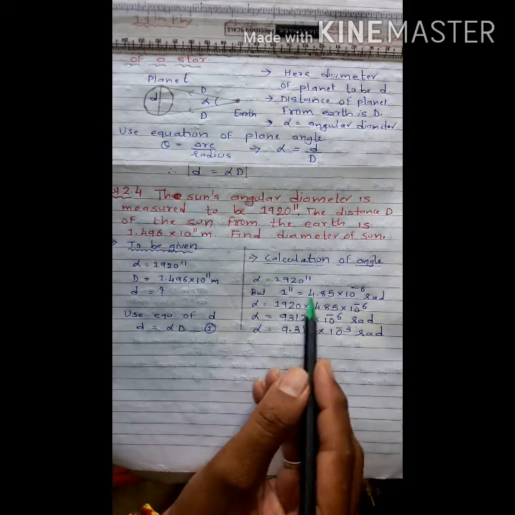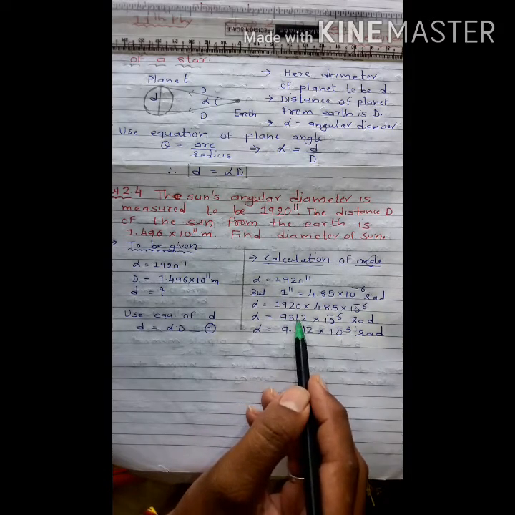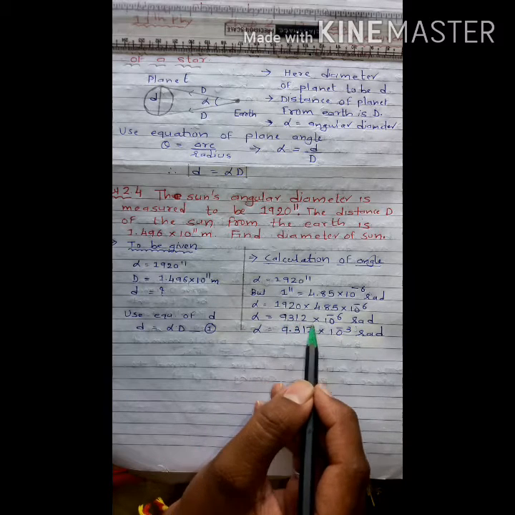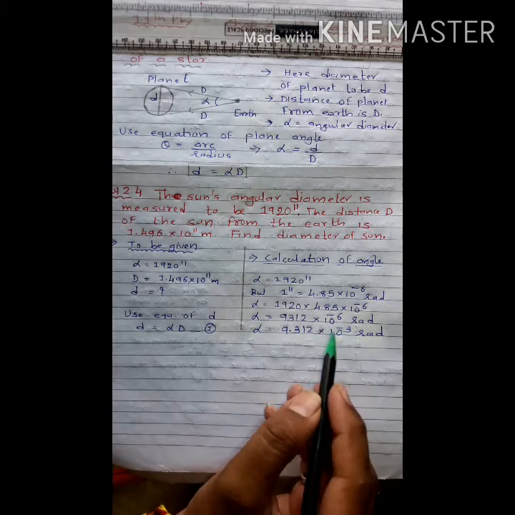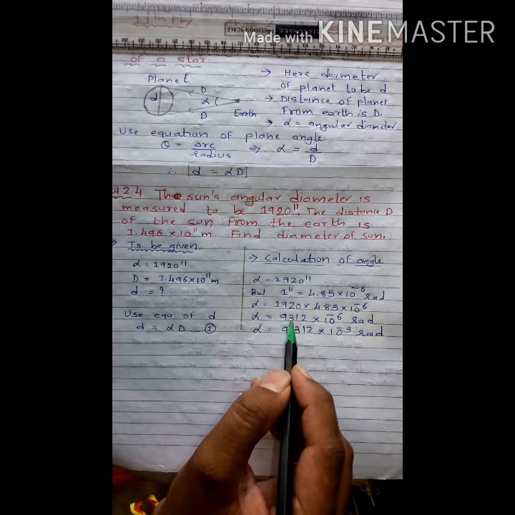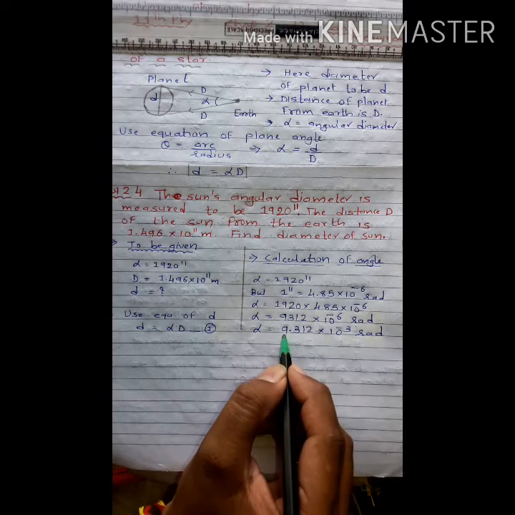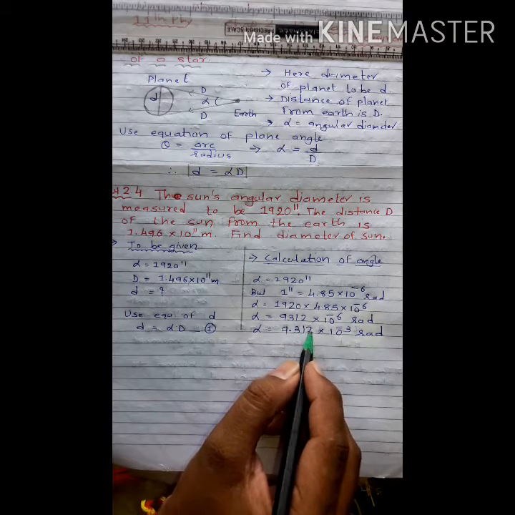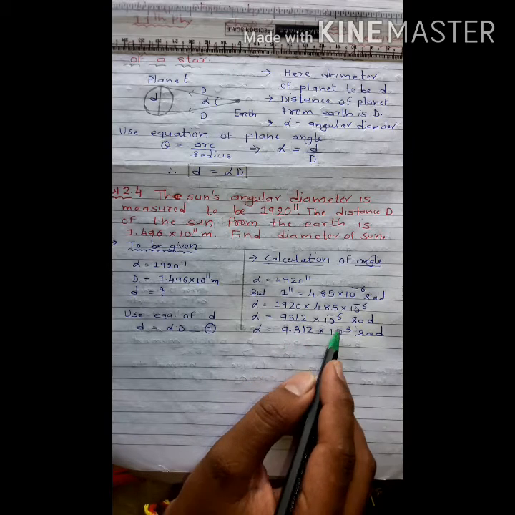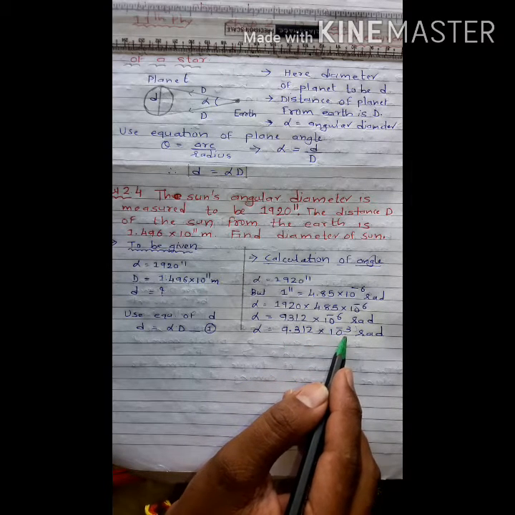Now multiply these two numbers. Our answer is 9312 into 10 raised to minus 6 radian. Here we shift the decimal point 3 digits left. So our answer becomes 9.312 into 10 raised to minus 3 radian.